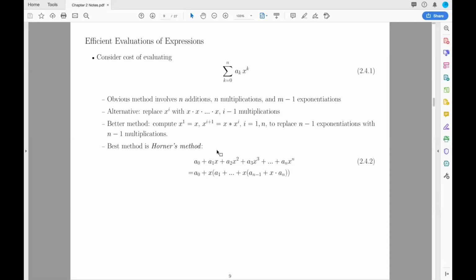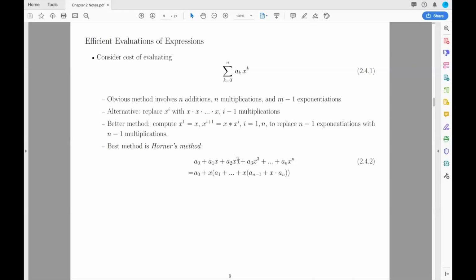The best method is something called Horner's method, where you take an ordinary polynomial and rearrange the terms. The intercept term is a0. Once you've taken a0 out, the rest of the polynomial is really just x times something. So you can factor out that x, and the rest becomes x times a1 plus and so on.